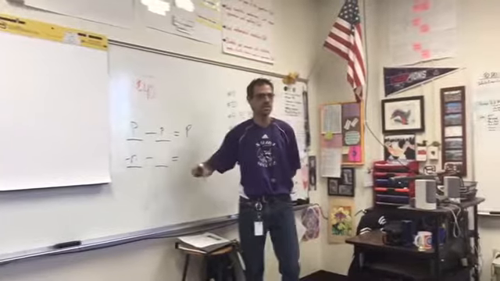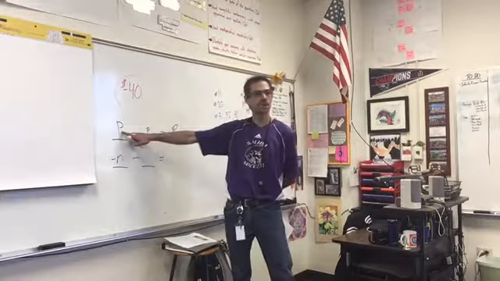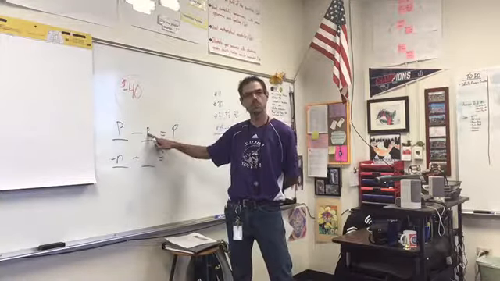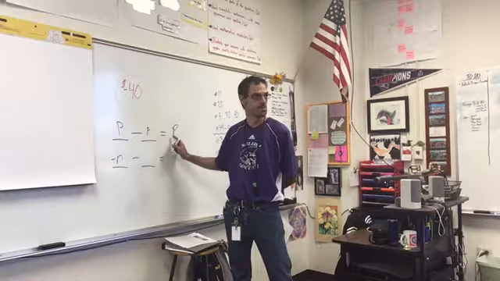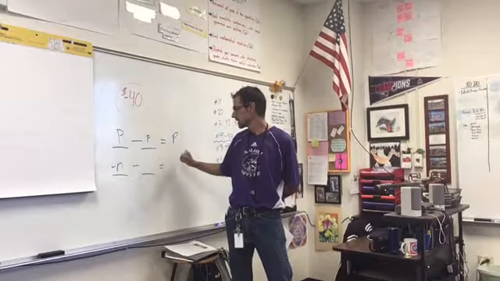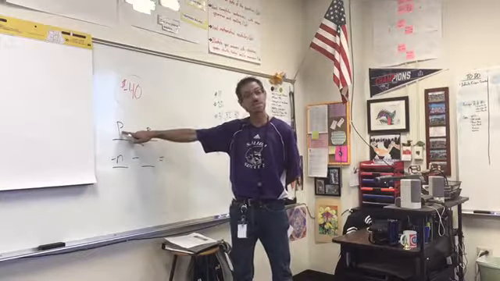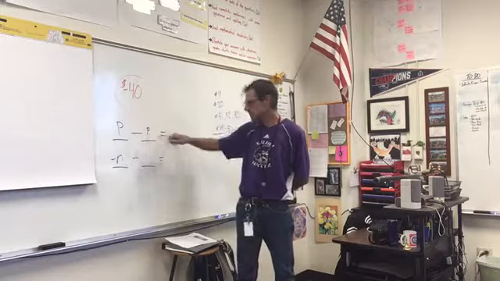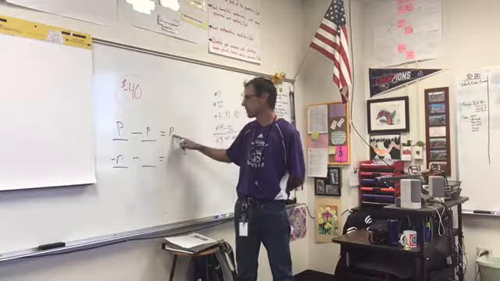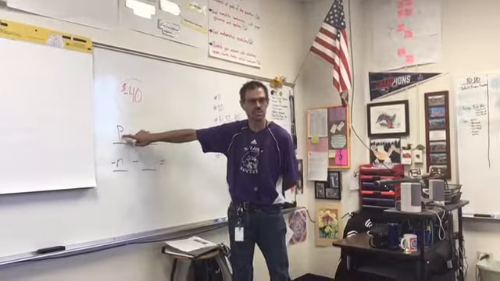So I heard Schmitty say this, Cam. Take a bigger positive, subtract a little positive, I'm still going to have a positive number. But it won't be as big as that, right? So we know that it's going to end positive, but it's going to be smaller than this one.